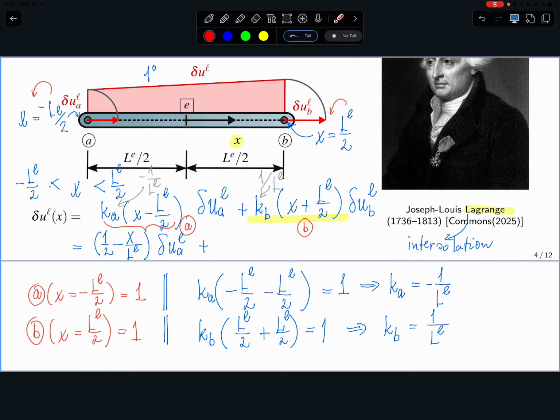So this constant will come first, so this cancels out, so it will become 1/2 plus x over LE, and this is something which multiplies the virtual displacement in the local coordinate system. So this is again straightforward linear interpolation. These are the dimensionless quantities. These carry some dimension, and hence there is no mismatching.